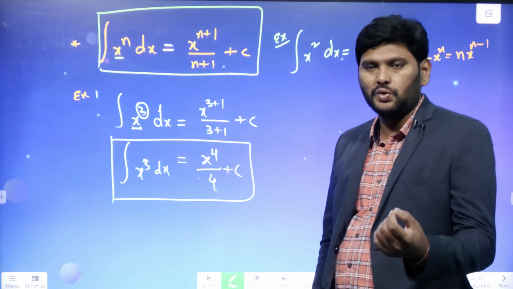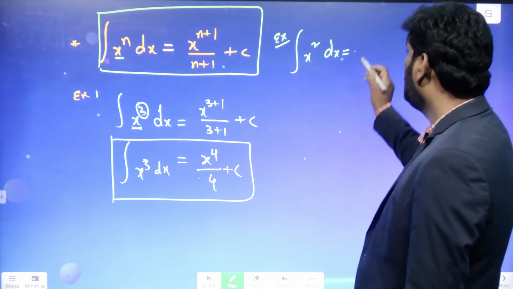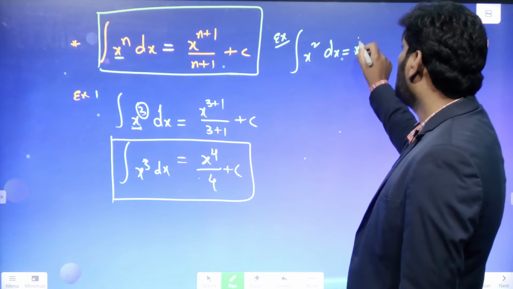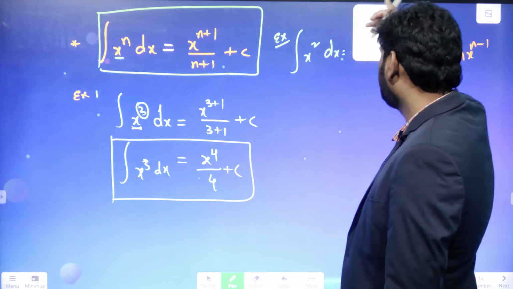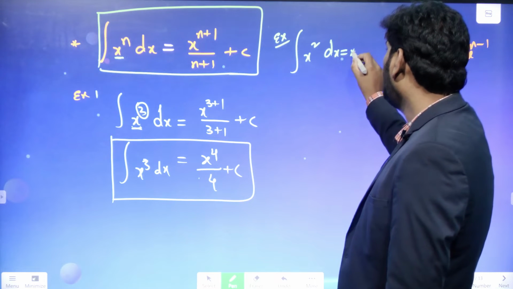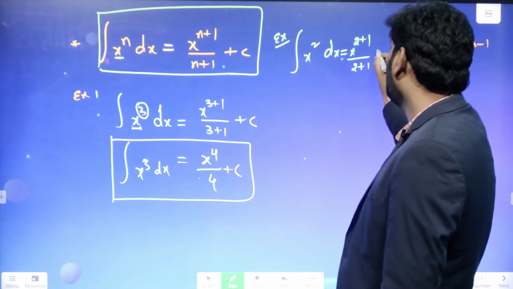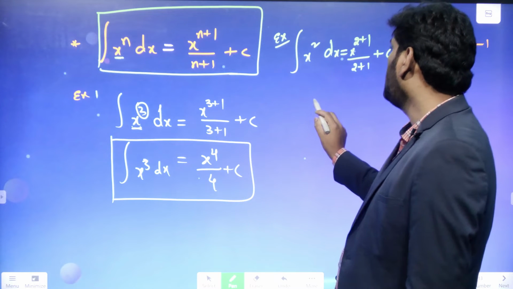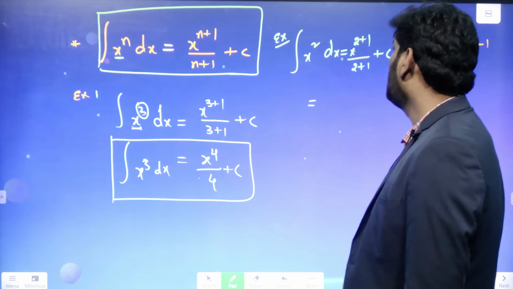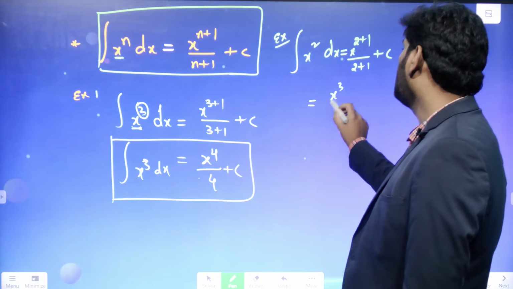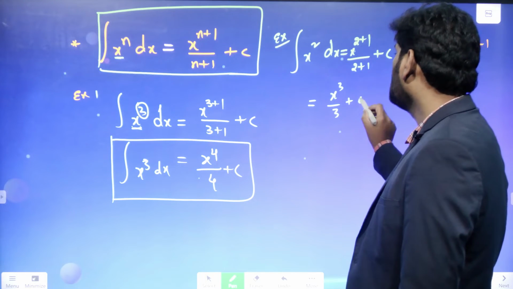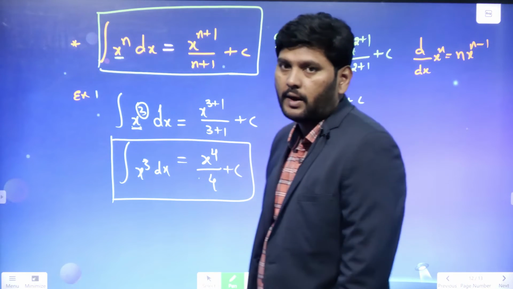The n value is 2. So use that n value: x power 2 plus 1 by 2 plus 1 plus c. So finally what is the answer? X cube by 3 plus c. So this is your integration value.